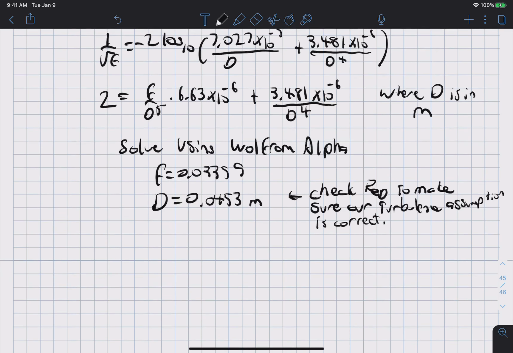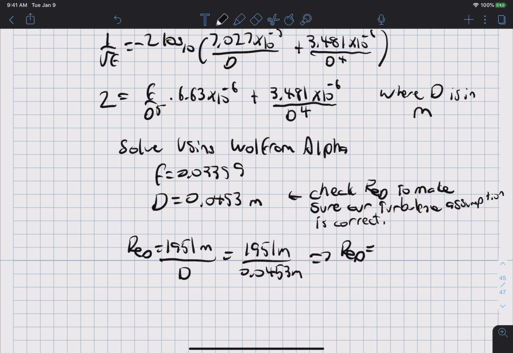Okay, and so Re_D equals 1951 meters over D, and that equals 1951 meters over 0.0453 meters, and that implies that Re_D equals 43,000 roughly, and that's greater than 2300, so that is turbulent.